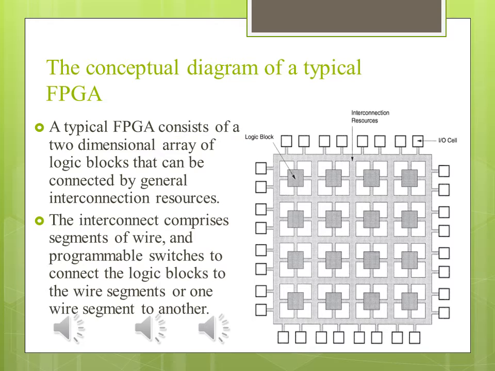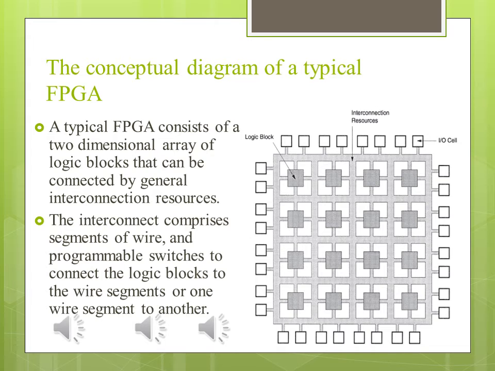The structure and content of a logic block are called its architecture. Logic block architectures can be designed in many ways. Some FPGA blocks are as simple as 2-input NAND gates.